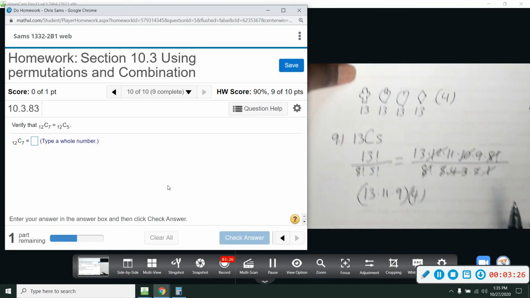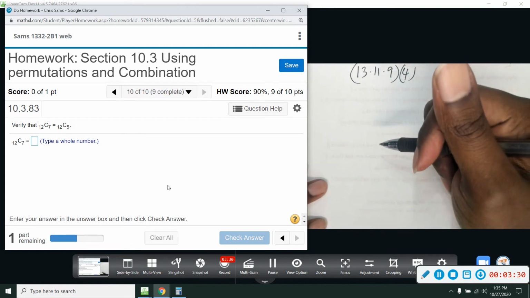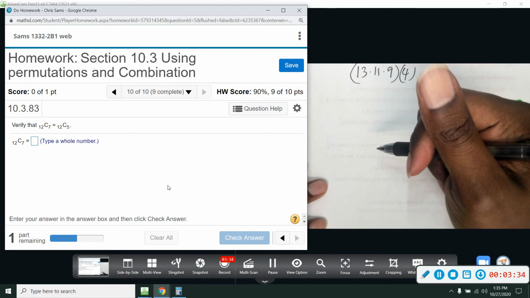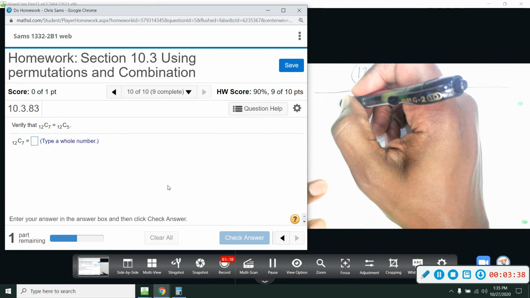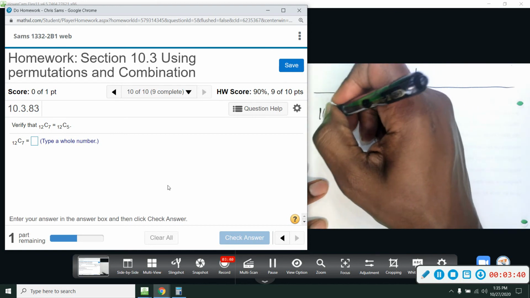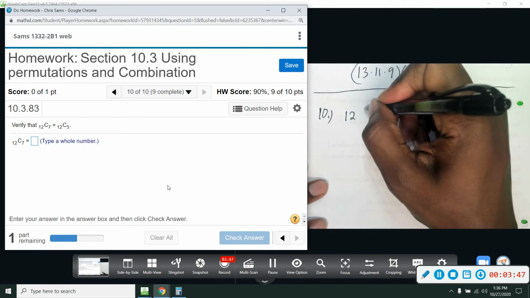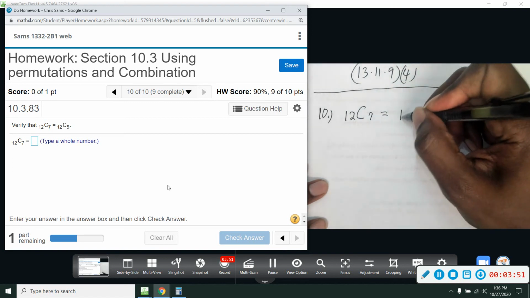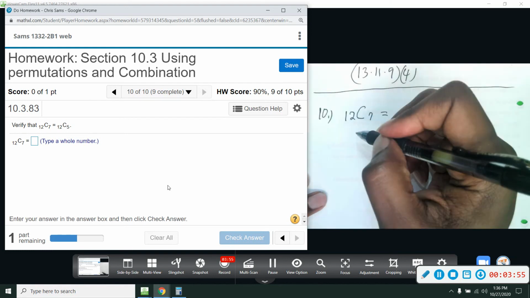And then number 10, we want to verify that 12 choose 7 is equal to 12 choose 5. Okay, so yes, combinations have a property of symmetry, and we're going to display that here. 12 choose 7 is equal to 12 choose 5.